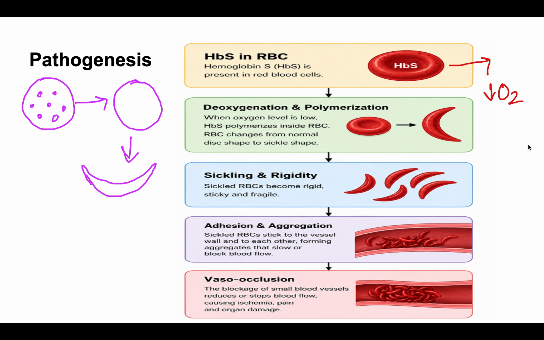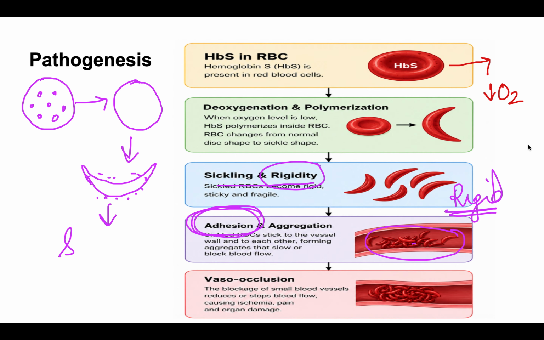This sickle shape is a rigid shape, so it will block the vessels. Also, there is an increase in the adhesion molecules present on the RBCs. The RBCs will stick to each other, so this will lead to stickiness.